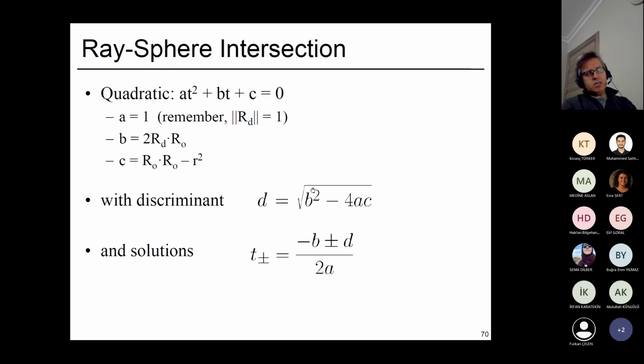And B has nothing to do with the sphere itself. And A is 1, and C is essentially just R0 squared minus R squared.